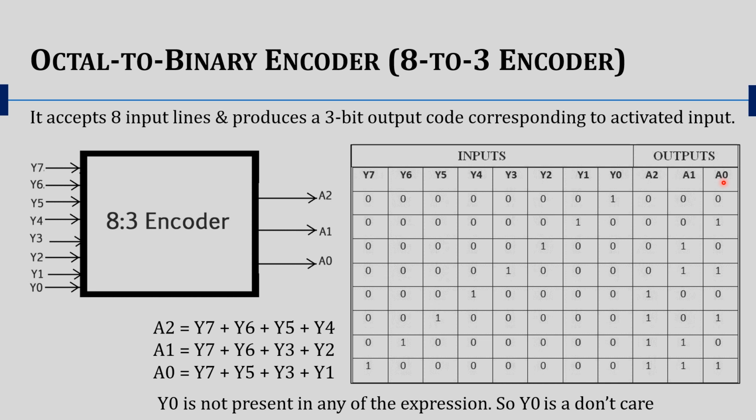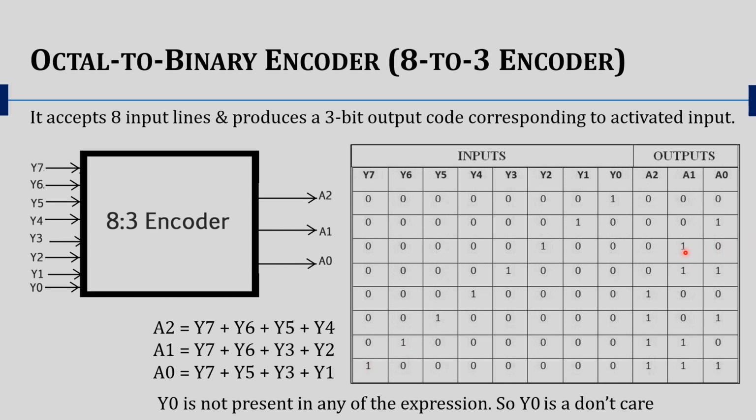Okay, from this truth table, we need to find the Boolean expression for each output line. When we look at A0, we can see that A0 is active high when Y1 has the value 1, then Y3, Y5 and Y7. So A0 is equal to Y1 plus Y3 plus Y5 plus Y7.